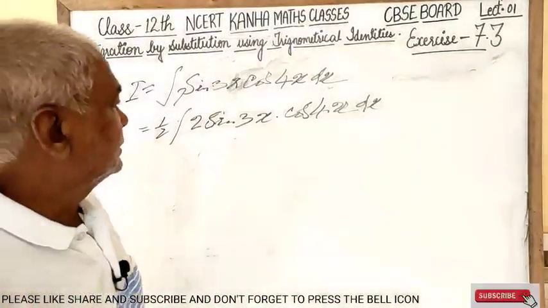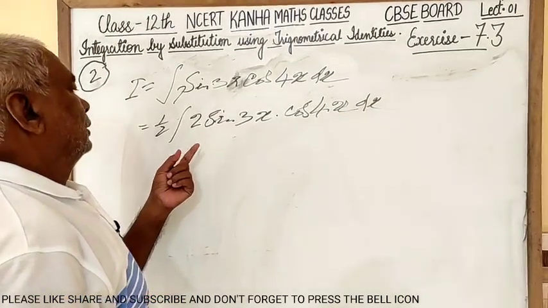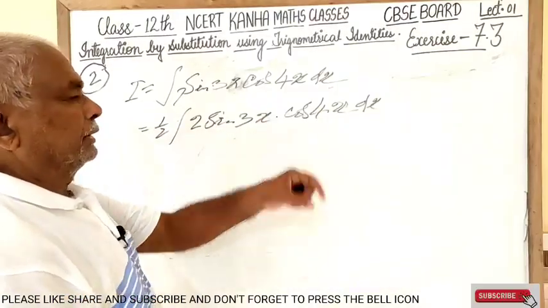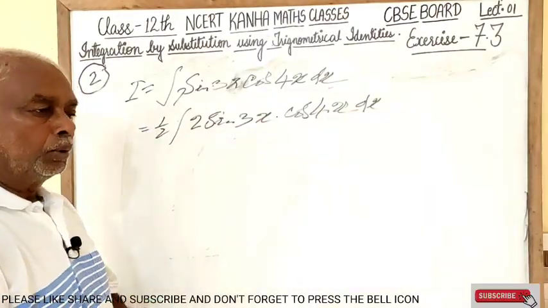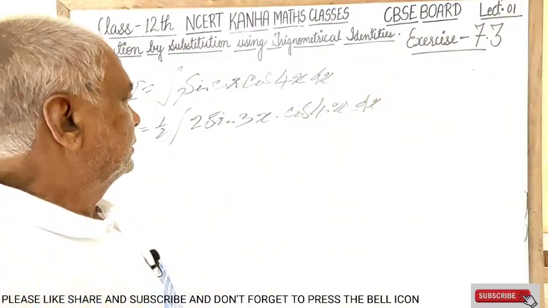Finally, we have discussed the trigonometrical identity that 2 sin x cos x is equal to sin(a plus b) plus sin(a minus b).